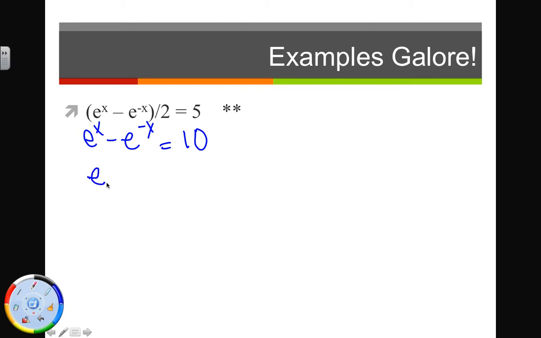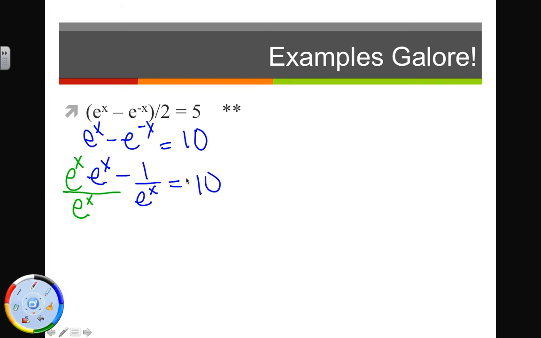We're going to look at this as e to the x minus 1 over e to the x equals 10, changing this negative exponent into a positive exponent. Well, this means I now have fractions that I can combine. So I'm going to multiply this by e to the x and e to the x.